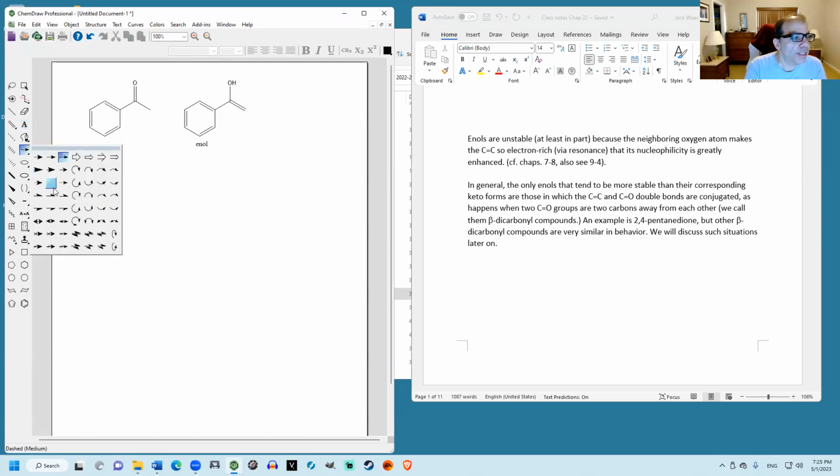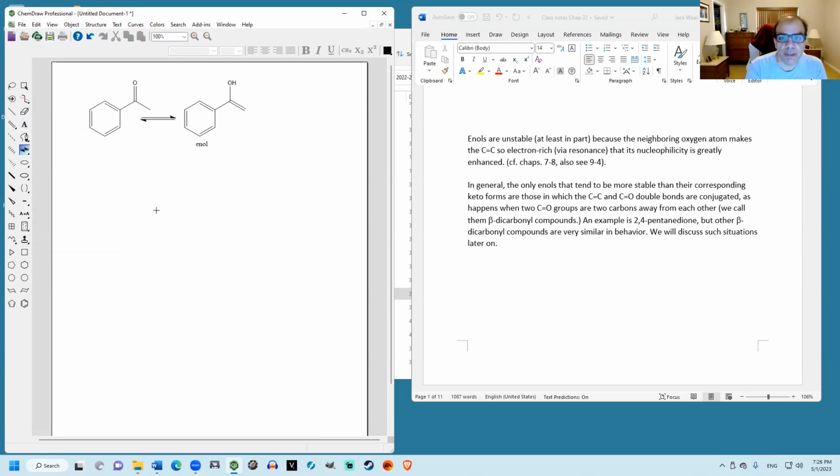And these two are in equilibrium with each other, with the keto form being almost always more stable than the enol form.